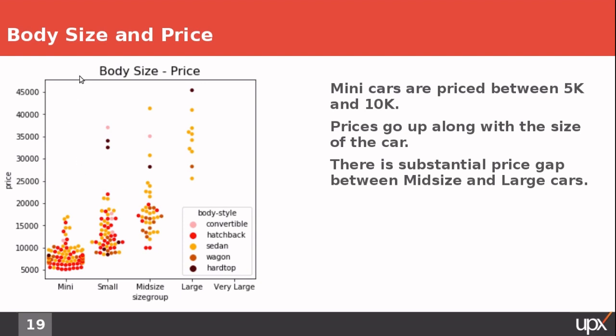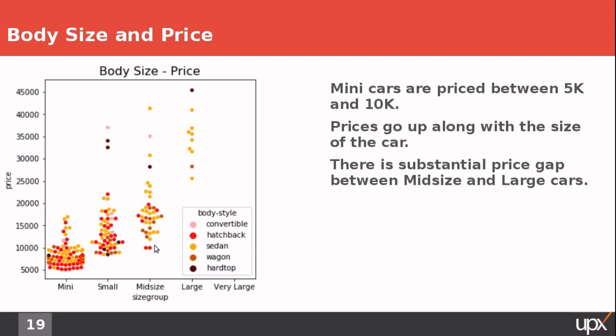Now we compare the body size and the price. On the x-axis we have the categories mini, small, mid-size, etc. And on the y-axis we have the pricing. You can see that the mini and small categories have the majority of the cars in them, and they are priced around or below the 10,000 and 15,000 mark.